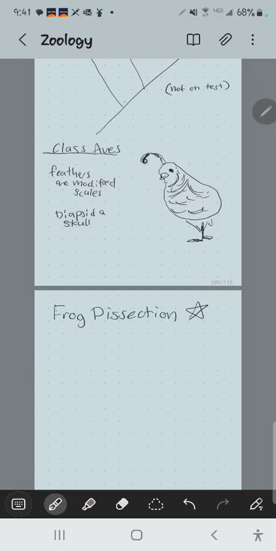So okay, let's go ahead and I'll draw our frog here. The ventral side of the frog. You're cutting from the pelvic opening, the cloaca, all the way to the sternum, basically. Here's our frog here.